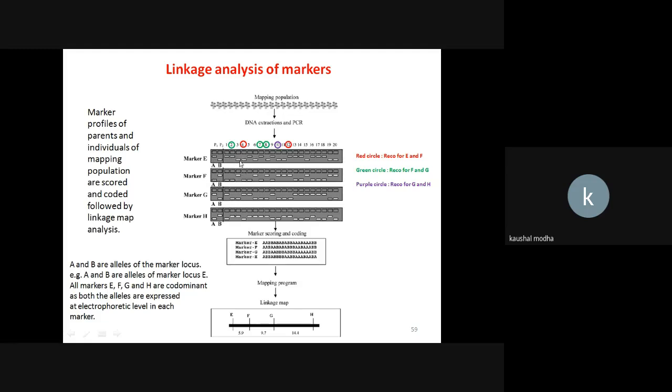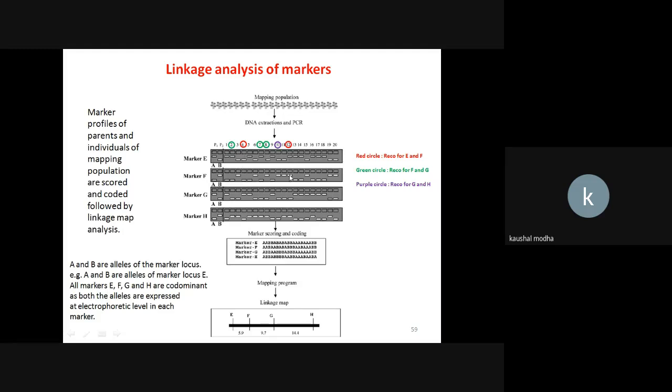In the third RIL, both the bands are similar to parent 2 for E and F, so this is also parental type. But if you look at this fourth RIL, this allele belongs to marker E, and another allele belongs to marker F. This profile is different from both the parents. None of the parents has this profile, so we classify that as a recombinant RIL.